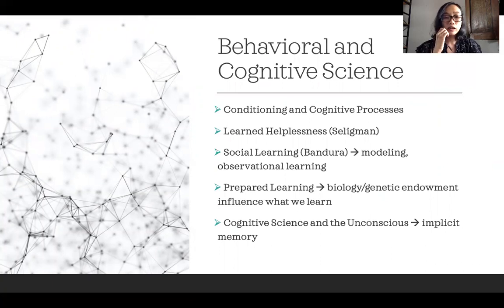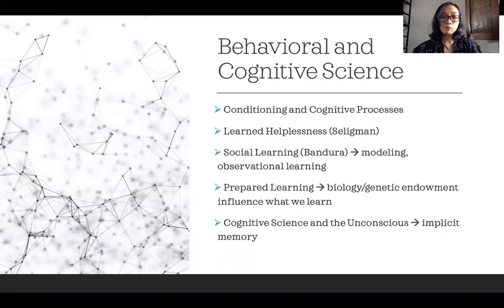All right, some new information has come from the rapidly growing field of cognitive science, of course, nowadays. The contributions of behavioral and cognitive science are the conditioning and cognitive processes that we reviewed in the previous video. And some of the new findings have grown into new theories related to behavioral and cognitive science.